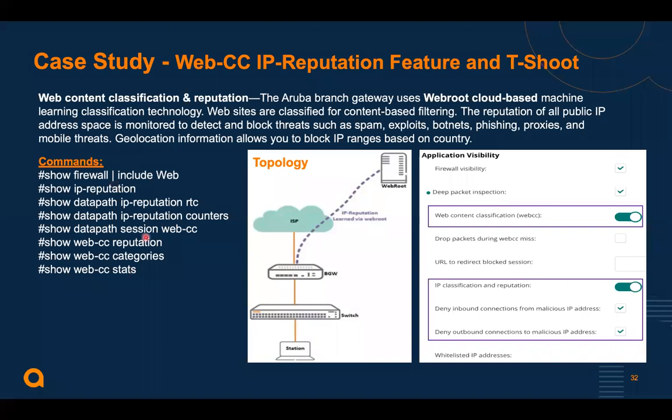The general recommendation would be to have IP classification reputation enabled with inbound and outbound malicious IPs denied. This would help us check the Webroot reputations and the signatures on BrightCloud, and the trustworthiness of the web traffic could be checked using WebCC, and this would help us determine whether there is a break on WebCC or not, and check with our dev team if needed.